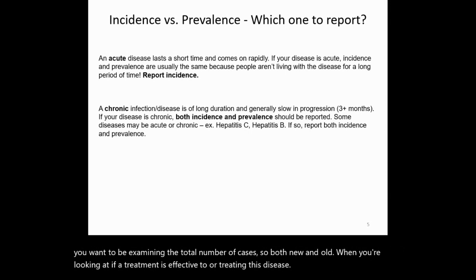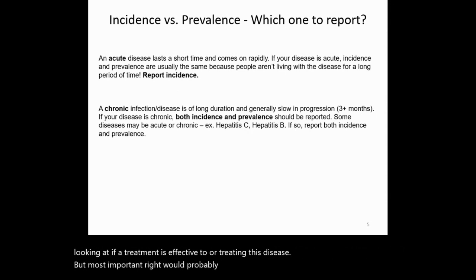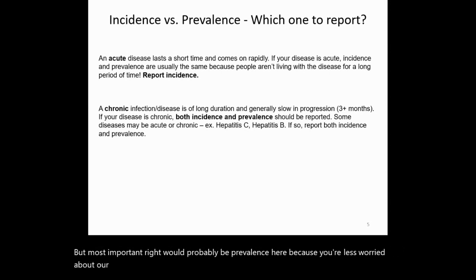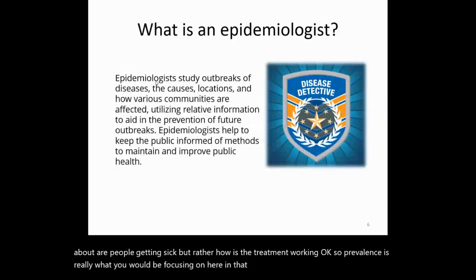But most important, right, would probably be prevalence here, because you're less worried about are people getting sick, but rather how is the treatment. Okay, so prevalence is really what you would be focusing on here in that example.